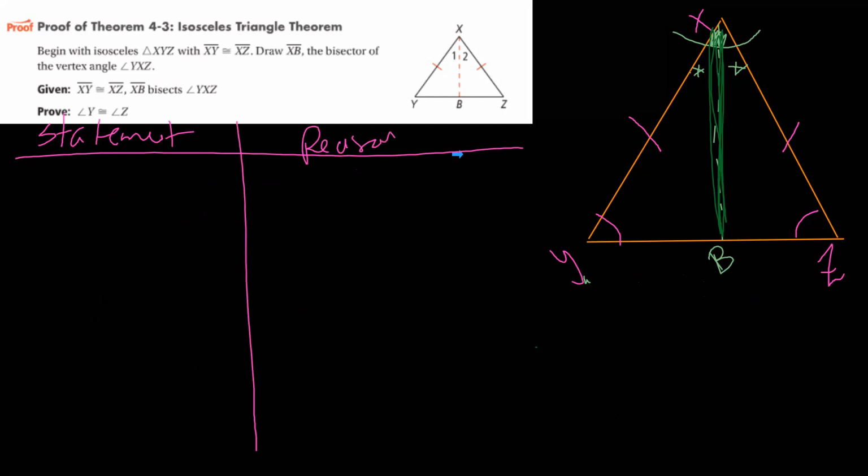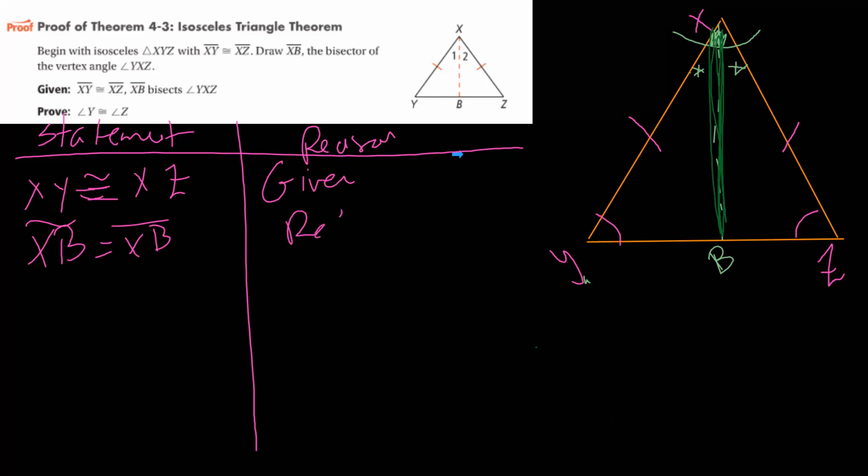Now, XY is congruent with XZ because it is given. And XB is congruent with XB because of the reflexive property.